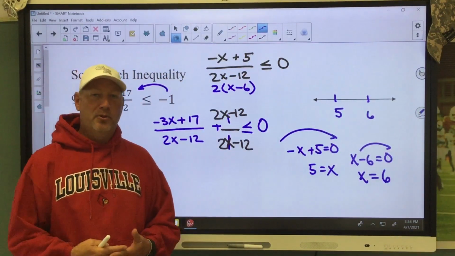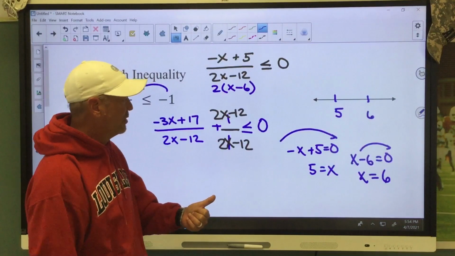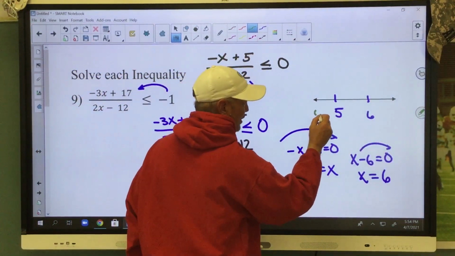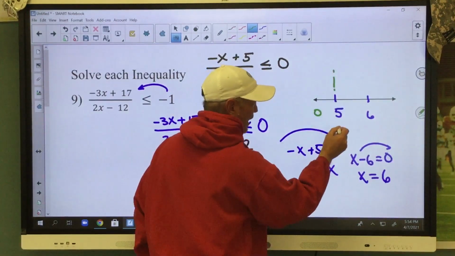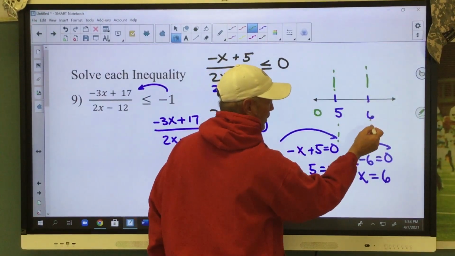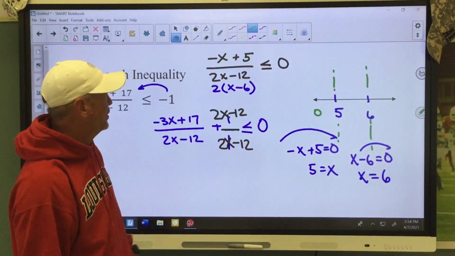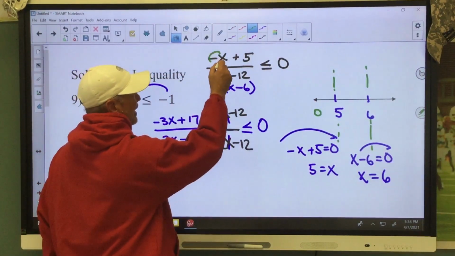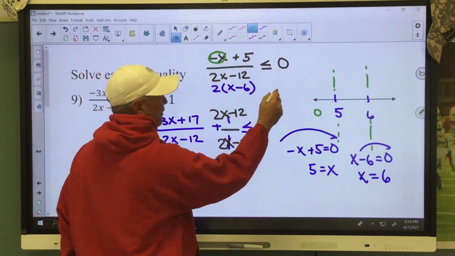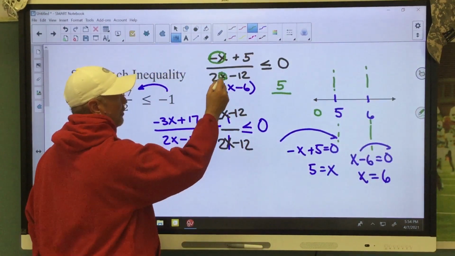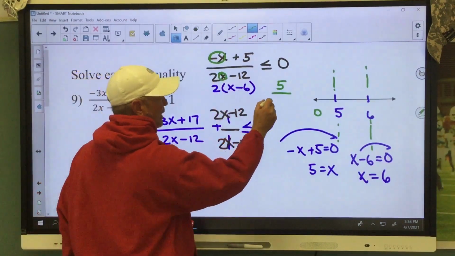We need to pick a number to substitute in. We're going to pick the number 0. Turns out that the number 0 is in your outside zone, so we're going to substitute it in. 0 plus 5 is 5. 2 times 0, 0 minus 12 is a negative 12.